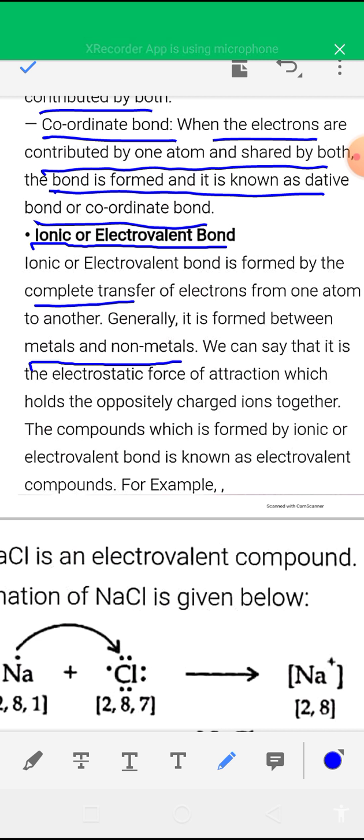Generally metals of group 1 and 2 form an electrovalent bond or ionic bond with non-metals of group 15, 16, 17.